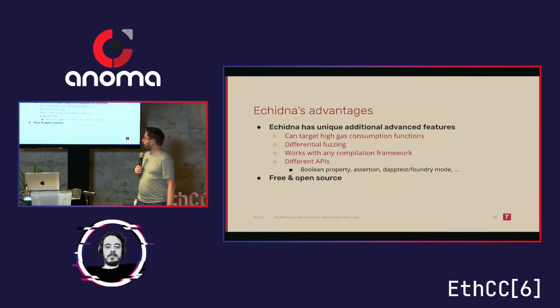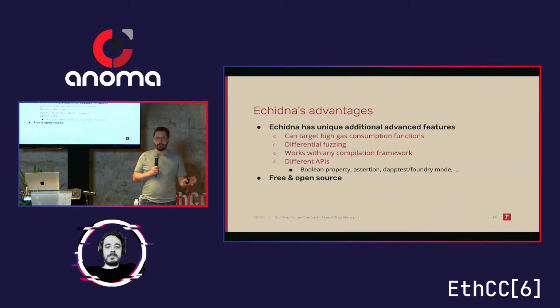As I mentioned, we have a couple of advantages, things that we did not go through during this workshop. For example, Echidna can target high gas consumption functions. So if you are looking for gas performance, you can just run Echidna in this mode. It's going to tell you which function consumes the most. And this is going to be done with fuzzing, so it's kind of more powerful than testing.